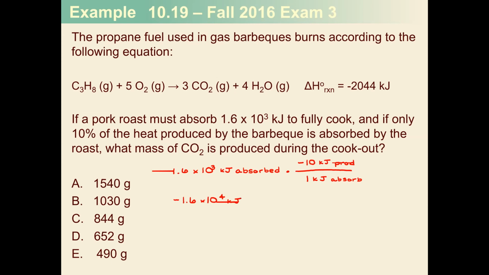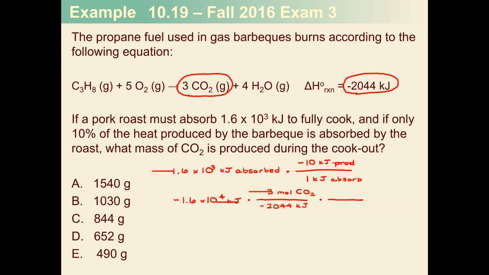So now we have to look and see how much carbon dioxide is produced to make that amount of energy. Well, if we go and look at our balanced chemical equation, we can see that we are going to get negative 2,044 kilojoules for every 3 moles of our carbon dioxide. So I can now state 3 moles of CO2 for every negative 2,044 kilojoules. And because I asked for it in grams, I have moles currently.